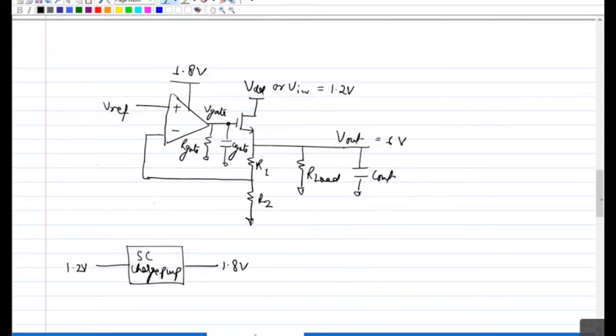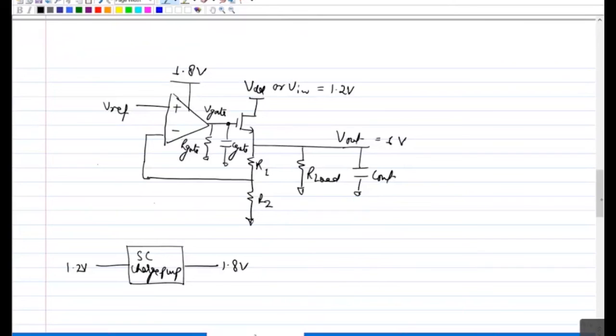But as I mentioned earlier, when you have a bigger system, you will have multiple modules, and some module may require large current, some module may require smaller current. Let's say from 1.8 volt, you want to drop to 1 volt, and that 1 volt you are supplying to a module where load current is, let's say, 10 milliamp or so. But your total system current required may be 10 amp or so.